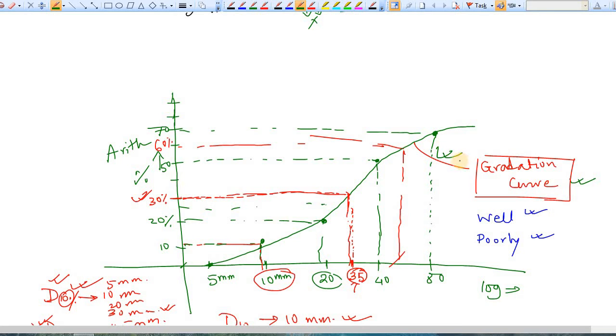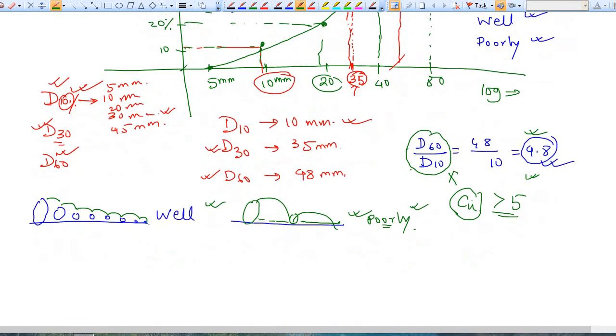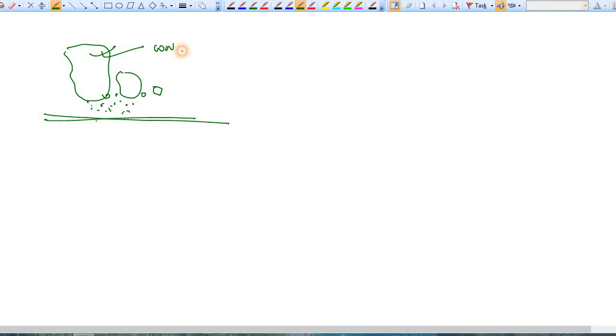But here I have not mentioned anything about the gradation of your fine particles. When you have a soil system like this, where all types of sizes are present, initially when you sieved it, you took only coarse particles, you did not take fine particles for sieving.